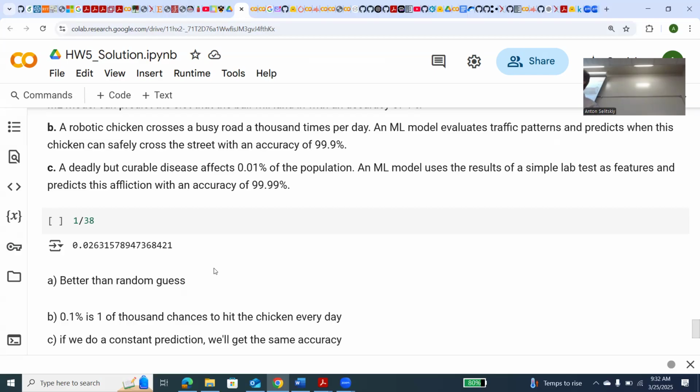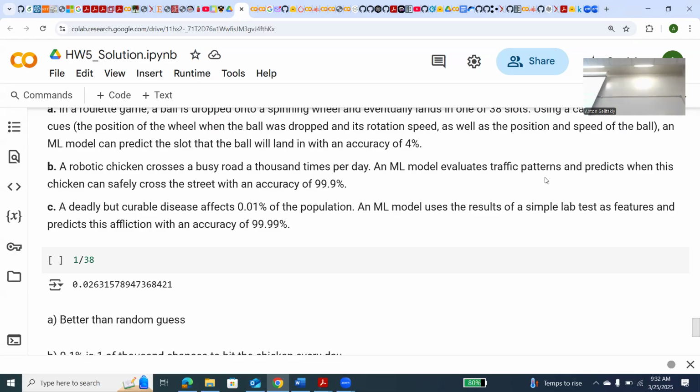Okay, I want to start with brief information about the midterm. So I just want to maybe discuss the last problem because I believe the other problems were pretty technical ones.